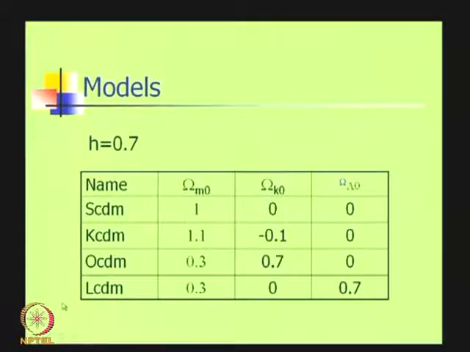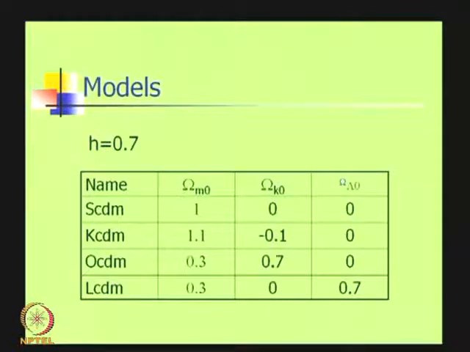And this is a fourth model where again omega matter is 0.3 and the rest of it is in the cosmological constant lambda, 0.7. Okay, this is called lambda CDM, LCDM. Let me also mention that this is the currently favored cosmological model. Observations seem to favor the last one.